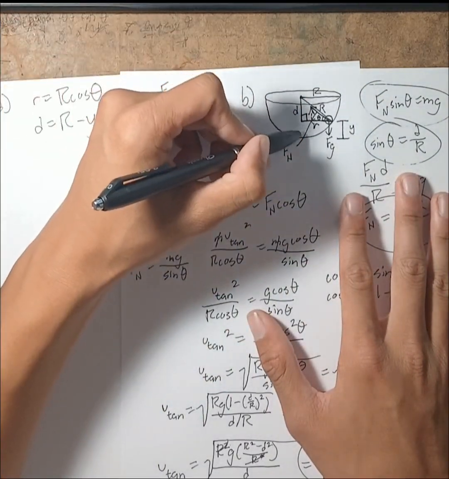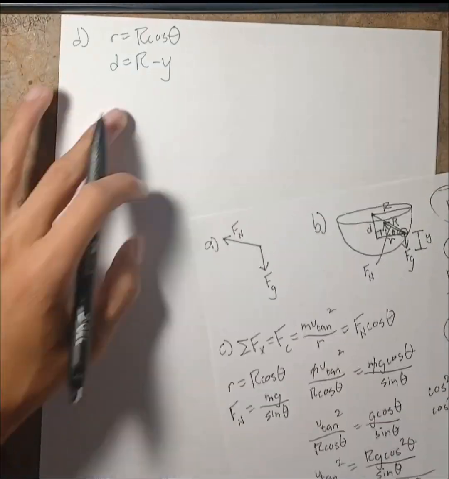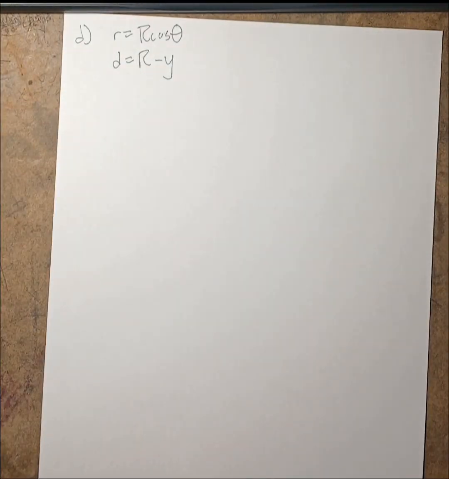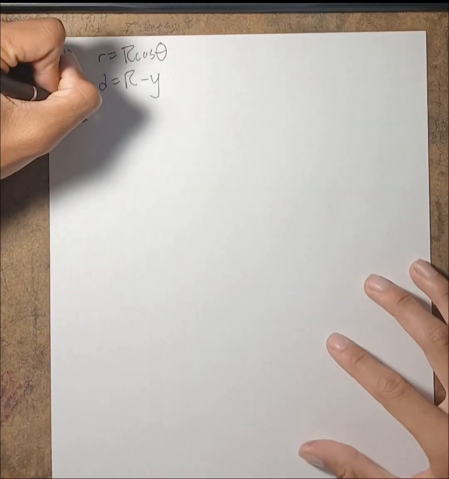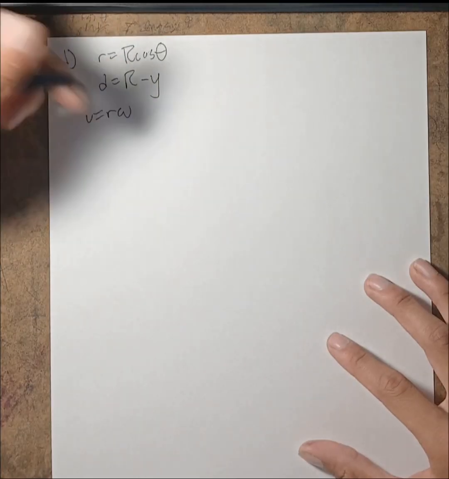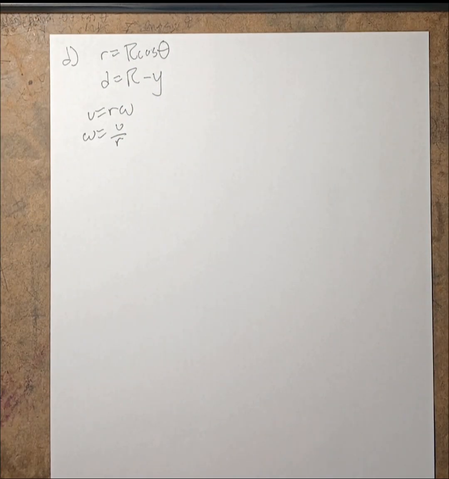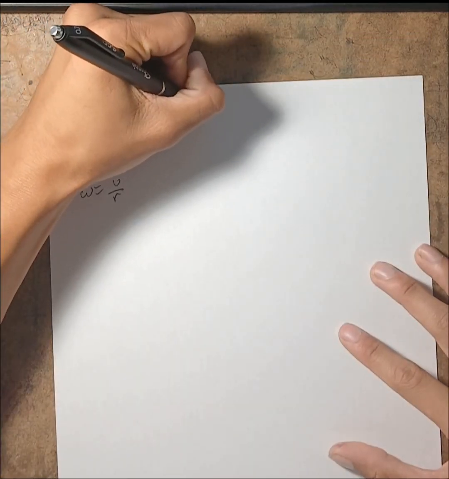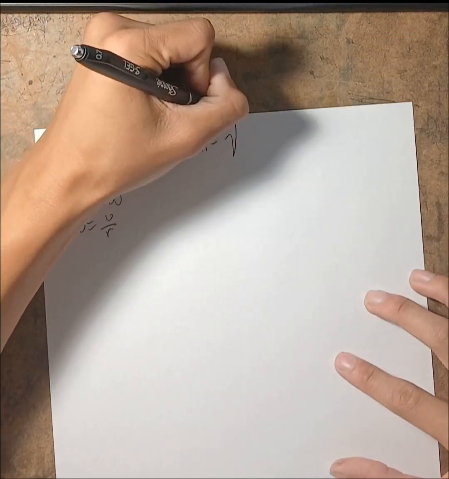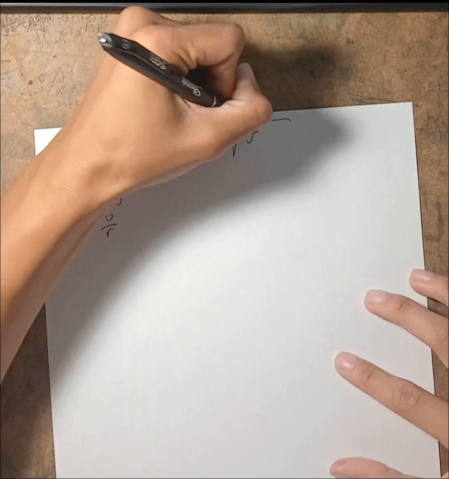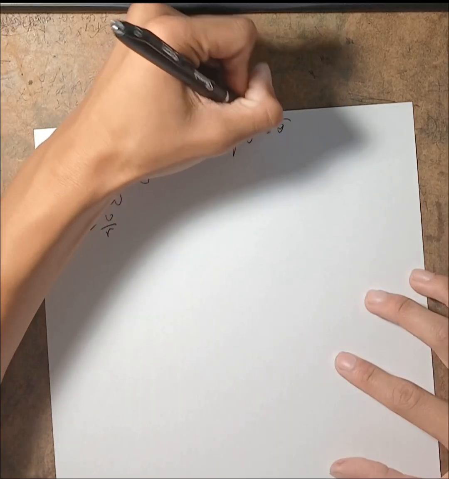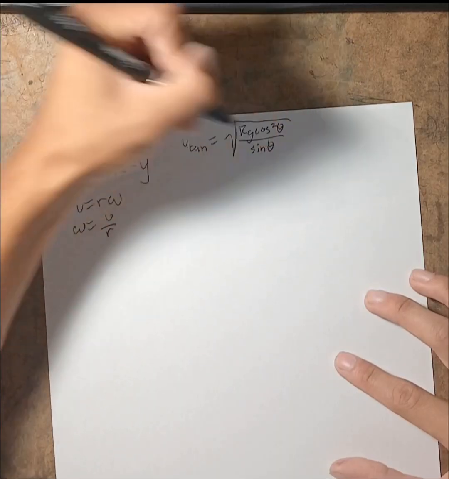Subtract d from that distance and you get y, and that will be important later. And of course, we know that v equals r omega, and so omega equals v over r. So we can use our v tangent function that we found earlier, the square root of rg cosine squared theta over sine theta.